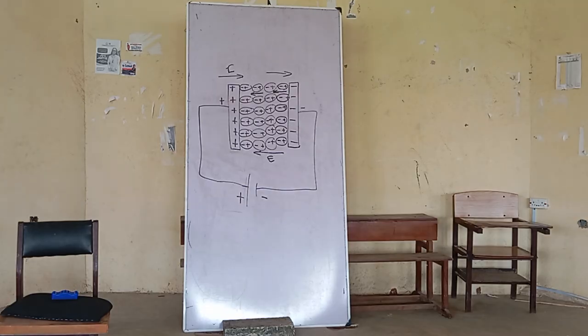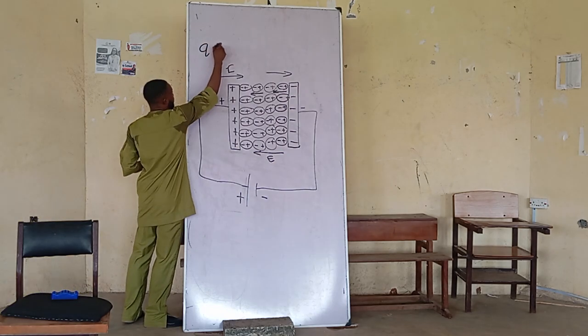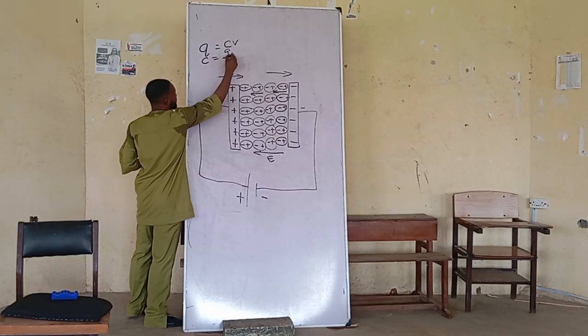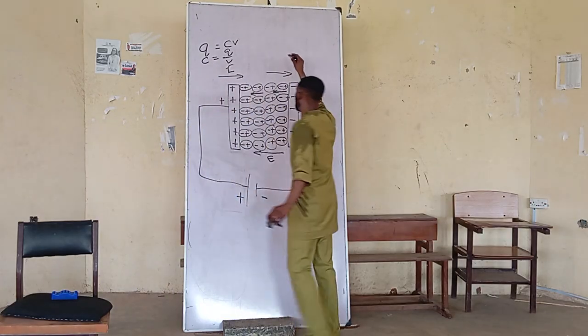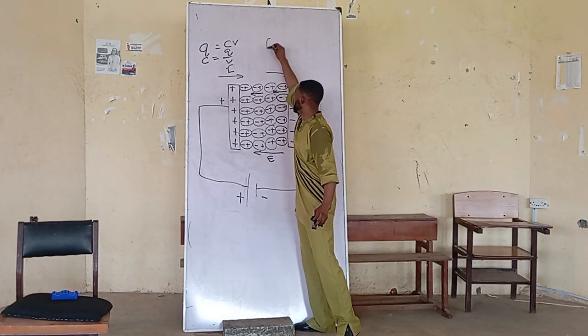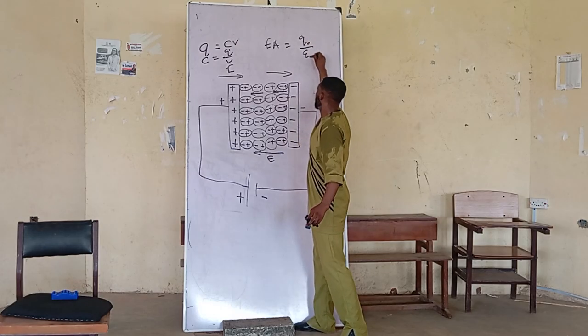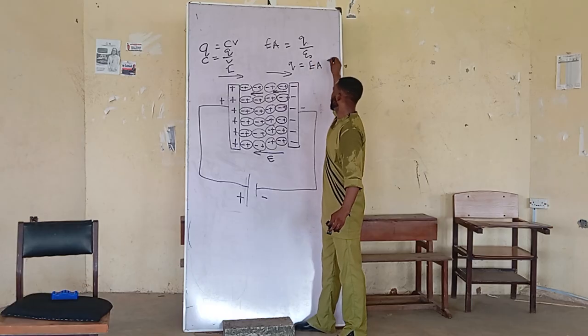So if you remember when we did capacitance, we know that Q equals CV. Then we say that C is equal to Q over V. If you use Gauss's theorem, EA equals Q naught over E naught, like Q naught equals E A E naught.